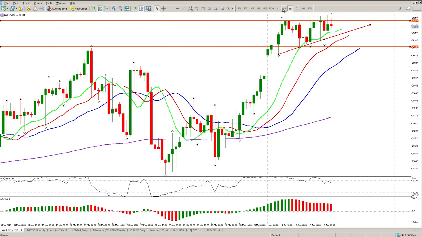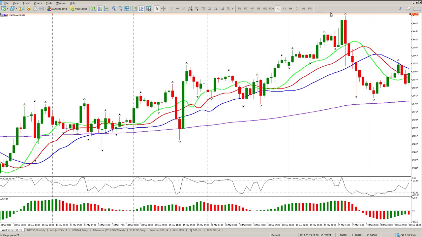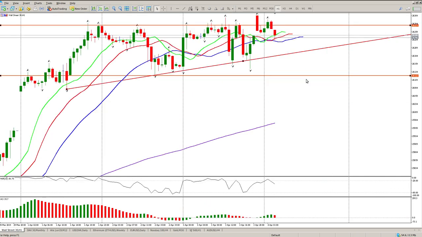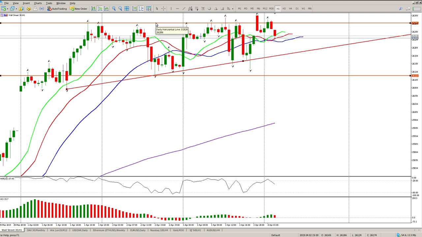Let's get to the hour. Just want to drag that across. One thing is very clear: we are breaking above the level, and I'm going to fine tune it to find an area where we have a lot of tails. You've got 1, 2, 3, 4, 5, 6 tails there.